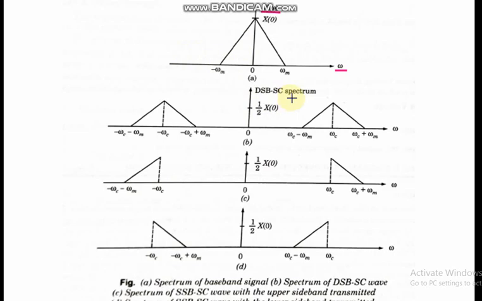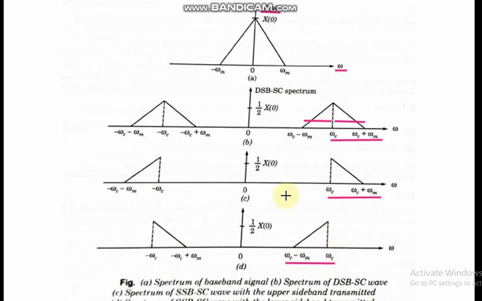Now in the DSB-SC spectrum we get the upper sideband, from omega c to omega c plus omega m. So the range of frequency is omega m. The bandwidth for the upper sideband is omega m, and for the lower sideband also it is omega m. Since it is double sideband, the bandwidth is 2 omega m. While in single sideband we get either only the upper sideband or only the lower sideband.